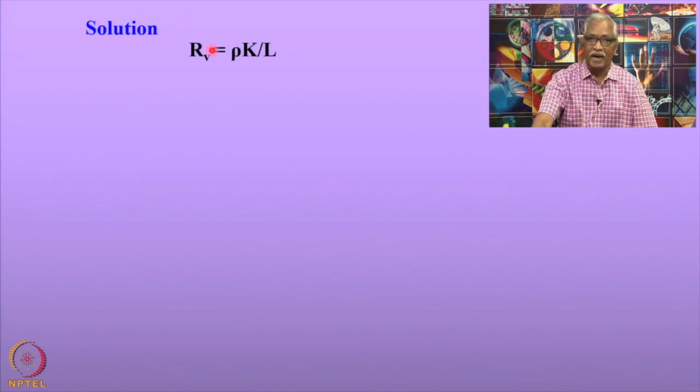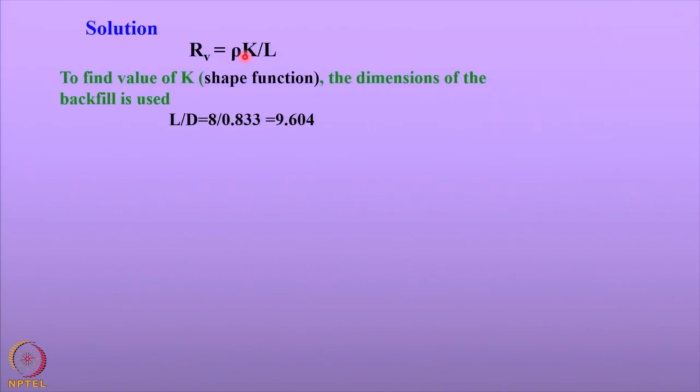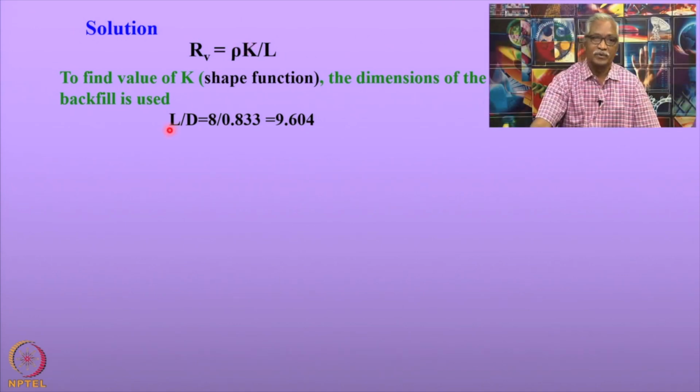The resistance offered by a single anode when placed vertically in relation to the pipeline is given by this equation, where rho represents the resistivity of the soil and L represents the length of the anode, in this case the length of the backfill, and K is called a shape function.